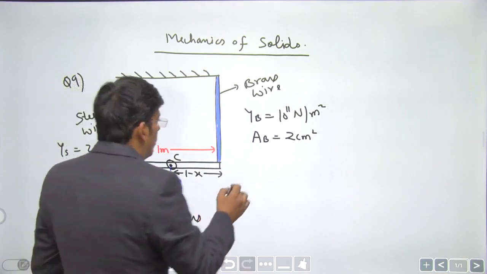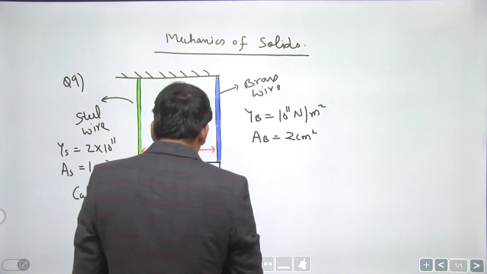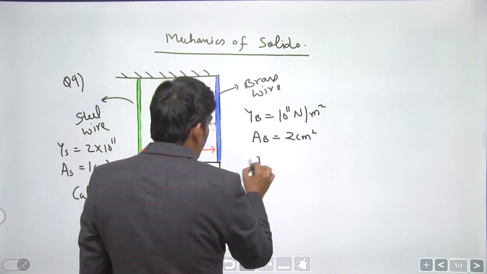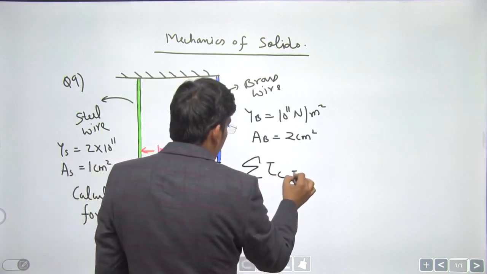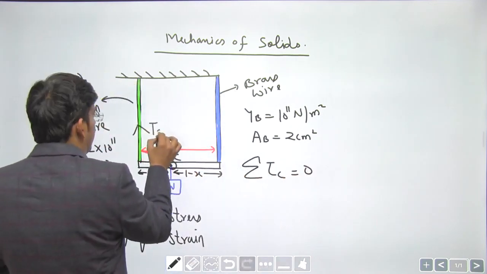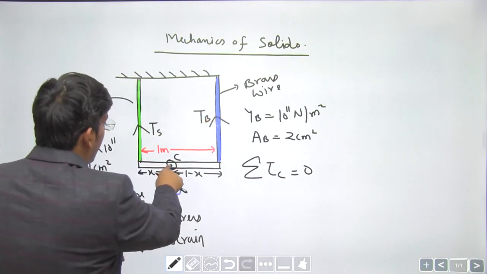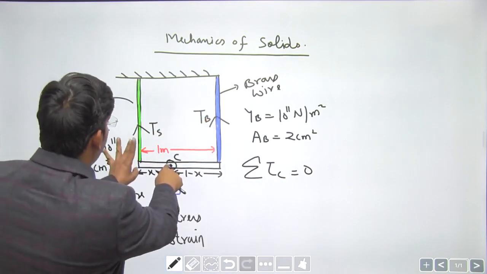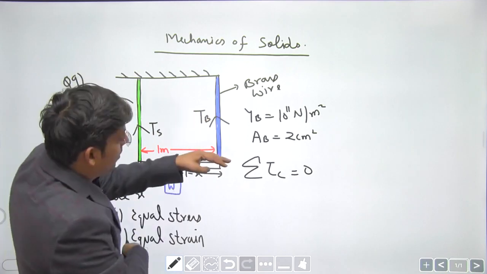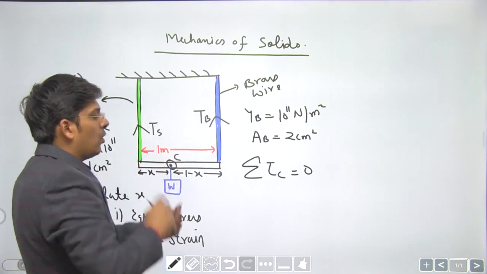Okay. So first concept is, obviously, for rotational equilibrium, torque about point C must be 0. Tension in steel is Ts, tension in brass is Tb. So let us calculate torque about this point. If you hit it this way, the system is going to rotate clockwise. If you hit it from the other way, the system is going to rotate anti-clockwise.